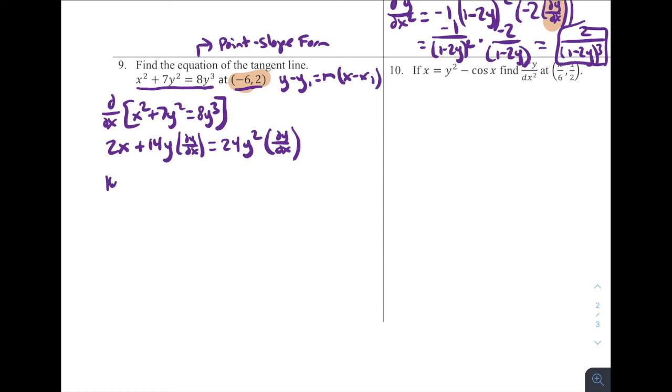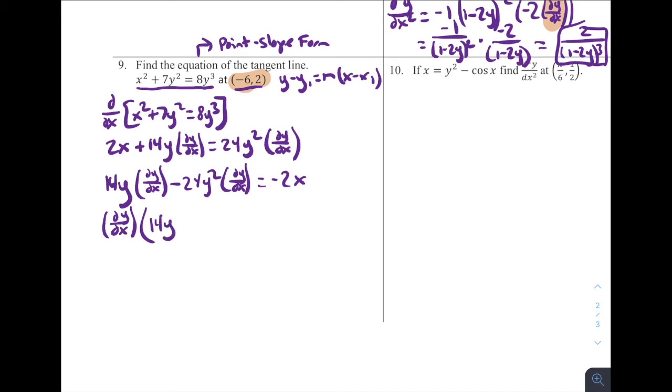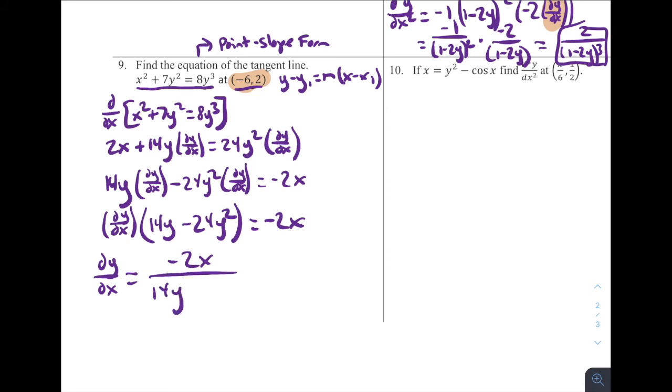So 14y dy dx minus 24y squared dy dx is equal to negative 2x. We factor the dy dx out, so that's dy dx times 14y minus 24y squared is equal to negative 2x, and then we divide. So dy dx is equal to negative 2x over 14y minus 24y squared.